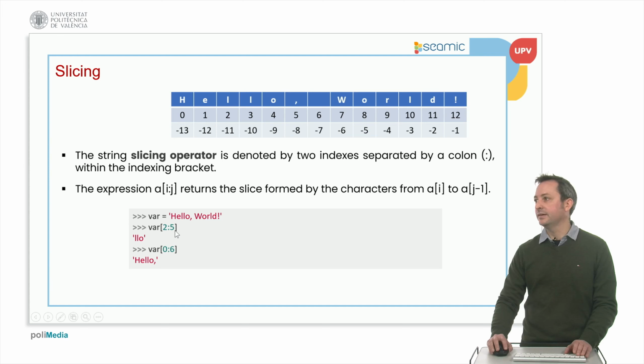So at the end, this will give the string of positions 2, 3, and 4. The 5 is not included. In a similar way, here we obtain the substring between position 0 and the position just before 6, this is 5.